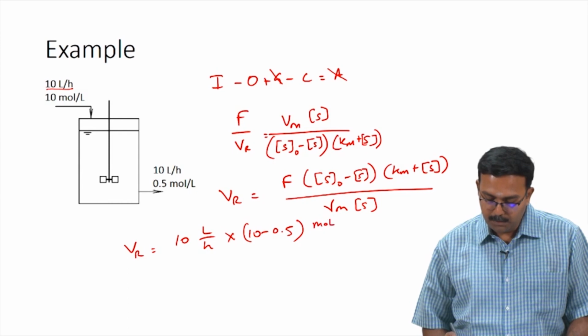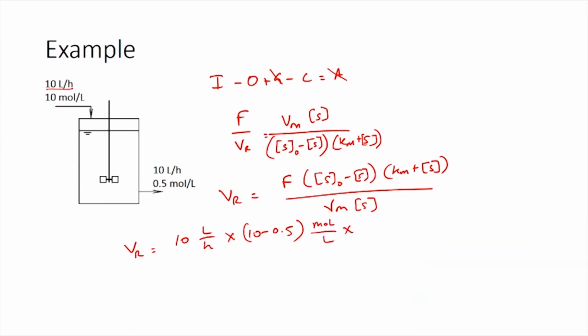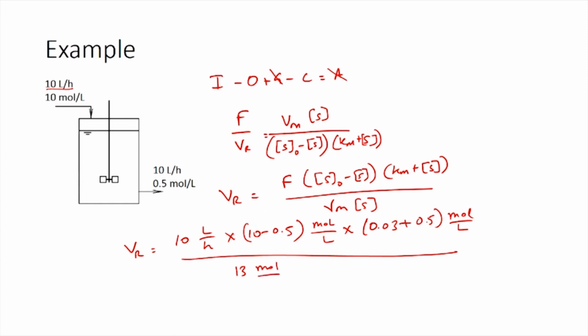This would be moles per liter times 0.03, which is the value for Km, plus 0.5, which is the S value, which would also be in terms of moles per liter, divided by Vmax, which is 13 moles per liter minute. So, we have the flow rates in terms of hours, so we will convert this to hours by 60 minutes per hour times 0.5 moles per liter.